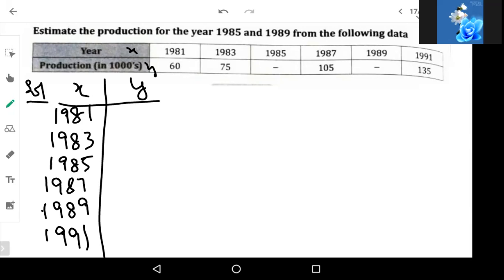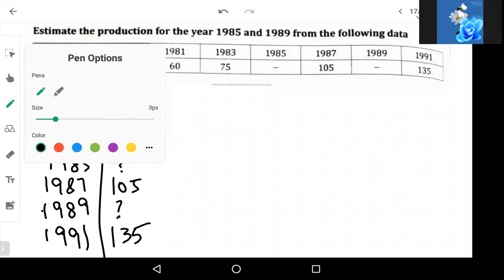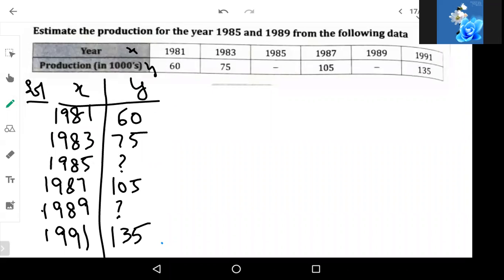And if you see the data here, it is 60, 75, and there is a missing data, 105, again a missing data, and 135. So let us write the y values. Y0, Y1, Y2, Y3, Y4, Y5. So we have to solve until Y5.